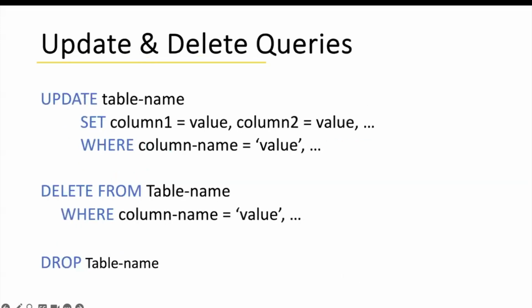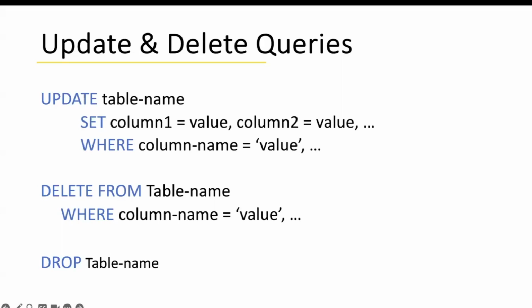So here are examples of the structure for the update and delete statements that we have. For update, you can use something like update table name and set column one to, for example, this value, set column two to that value, where column name is equal to some other value, okay?